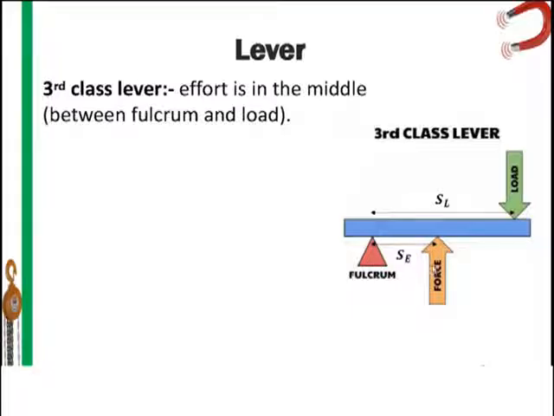So the distance of the effort force from the fulcrum is less than the distance of the load force from the fulcrum. In other words, the effort is between the fulcrum and the load. And here you can see the arrow indicating the effort load. So this is an example of a third-class lever.